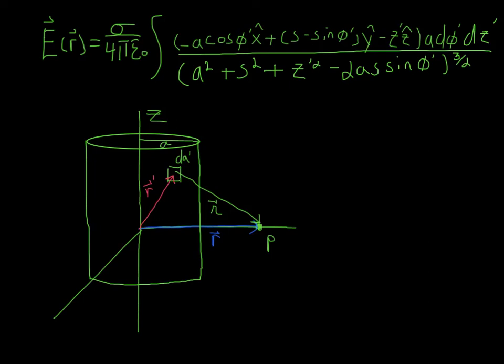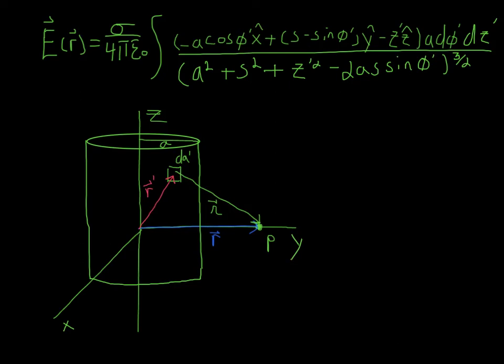Let's actually label that. So if phi prime is 90, then this triangle here is actually restricted to the YZ plane.